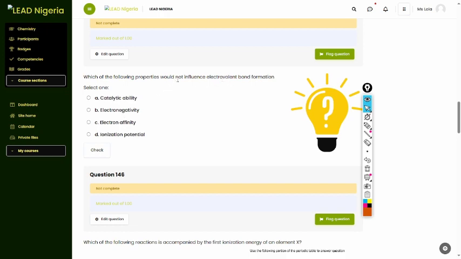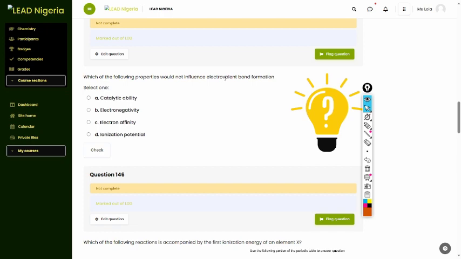So which of these would not influence the formation of ionic bond? Catalytic ability, that's the answer, because electronegativity affects the formation of electrovalent bond, because if the electronegativity between the two atoms is very large, then they will form electrovalent bond. But if it is very small, then they will form covalent bond.